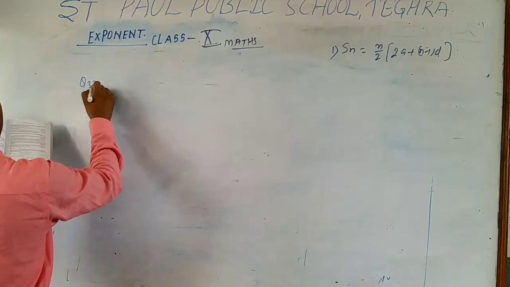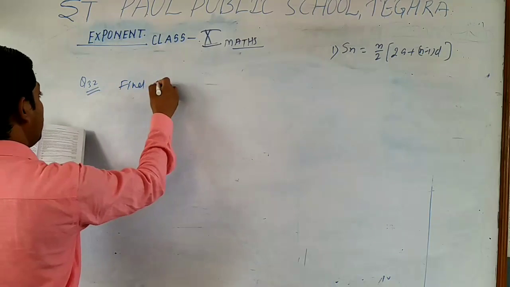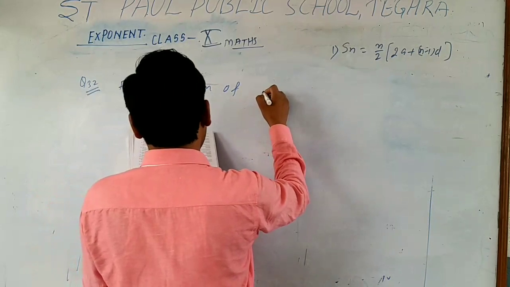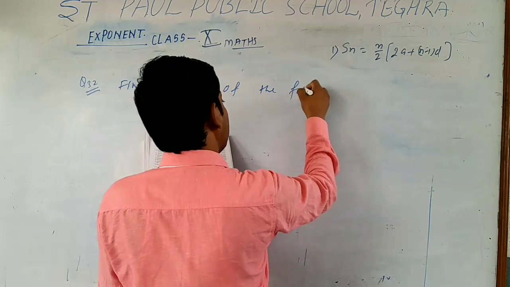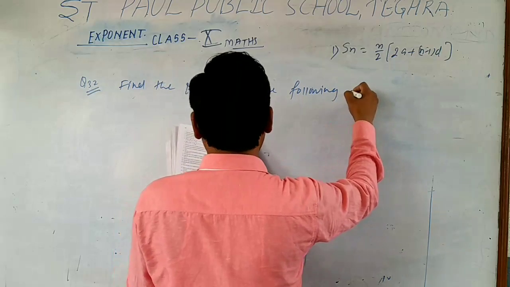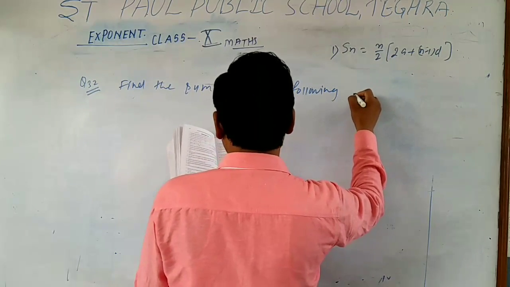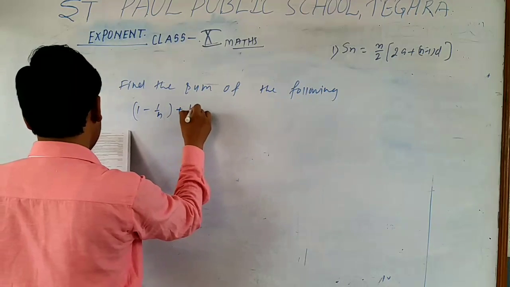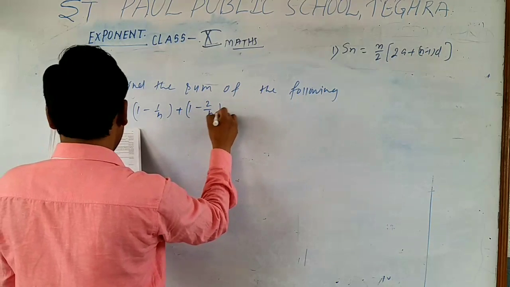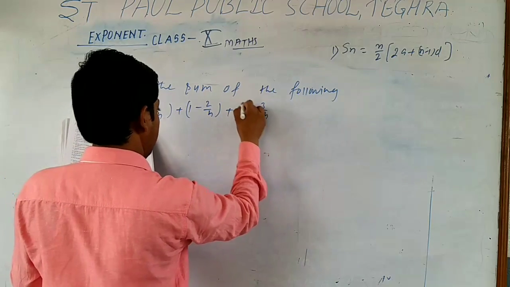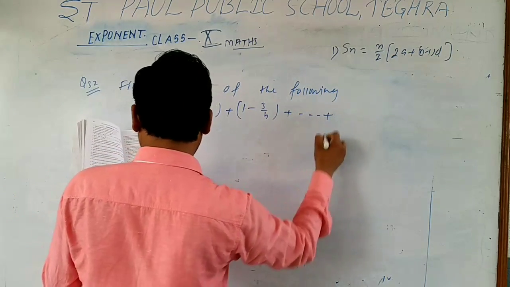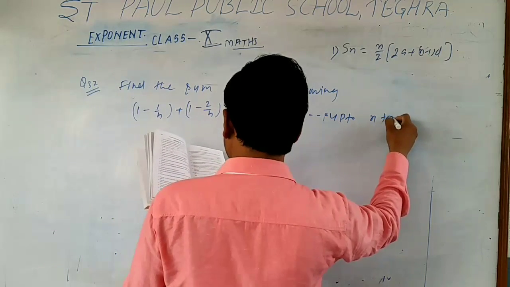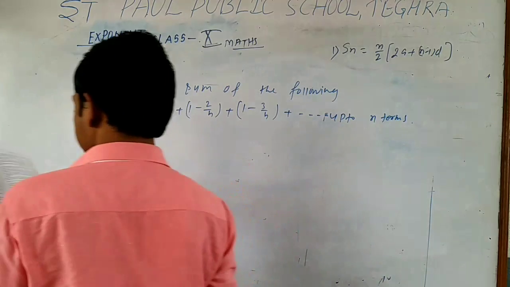Question number 32: Find the sum of the following: (1 minus 1 by n) plus (1 minus 2 by n) plus (1 minus 3 by n) plus so on up to n terms.